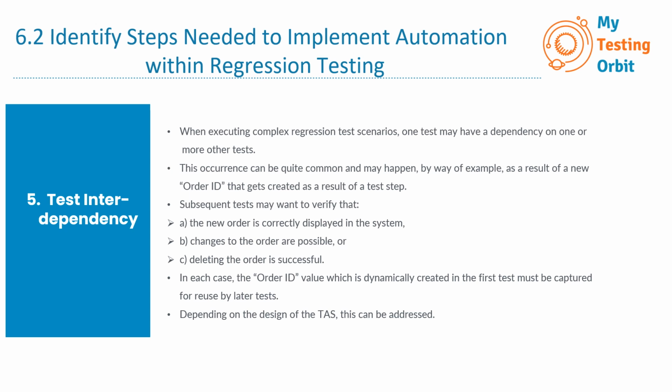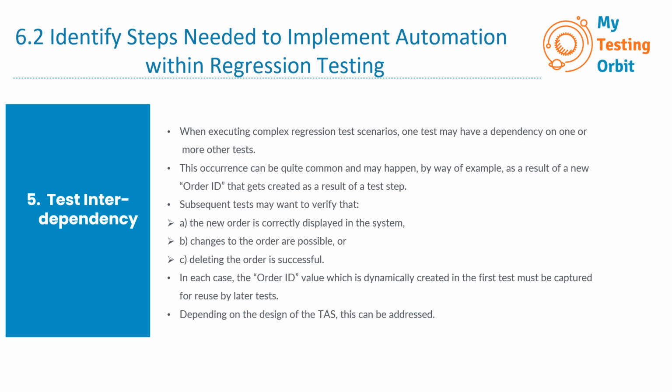Similarly, when running tests, sometimes one test creates something new like an order ID. Other tests might need that specific order ID to check if the new order ID is displayed correctly, if changes can be made to it, or if it can be deleted.